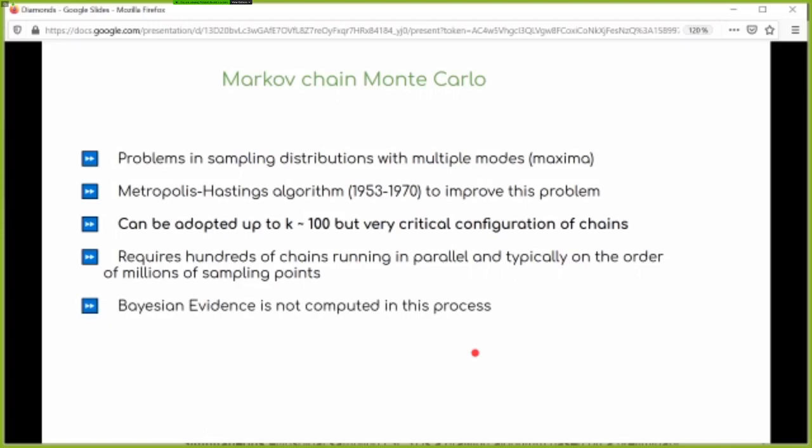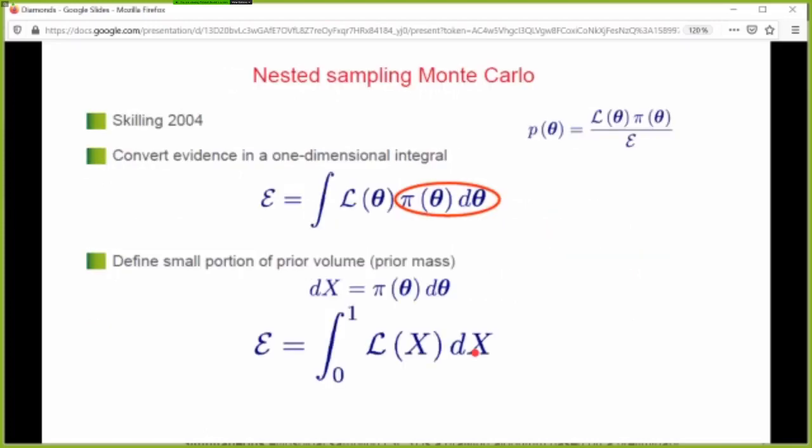So this is why in 2004, the researcher named Skilling invented what he called nested sampling Monte Carlo. All the power of this approach is that it converts, by a variable change, the integral on the evidence into a one-dimensional integral.